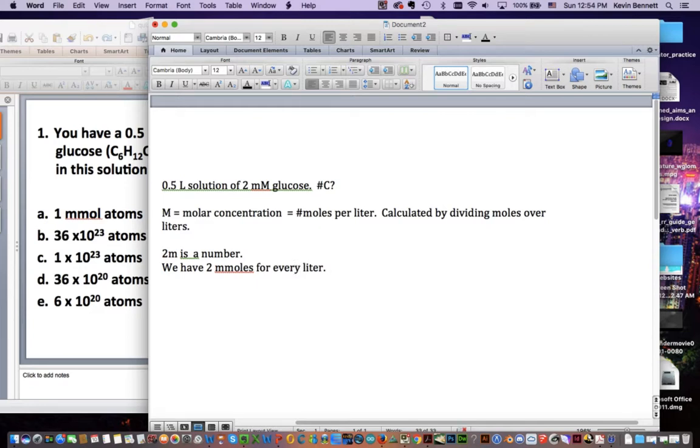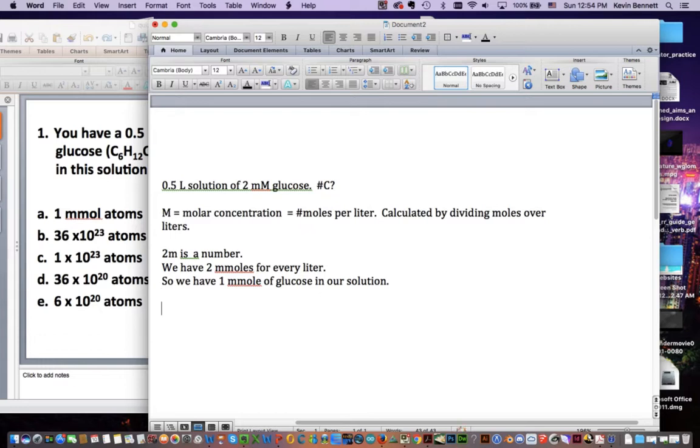Okay, now we have a half liter. So if you have 2 millimoles for every liter, that means in a half liter, you have half of that. So we have 1 millimole of glucose. Right? Now the question is, how do we get to number of carbon atoms?